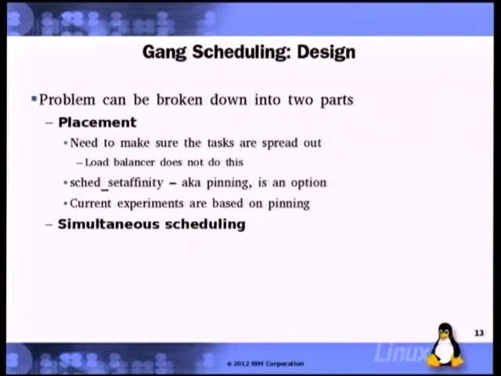If I have four CPUs in a core and a 4-vCPU VM, each vCPU has to be assigned to a CPU. This has been achieved using pinning in the current experiments. And simultaneous scheduling is what I discussed earlier.